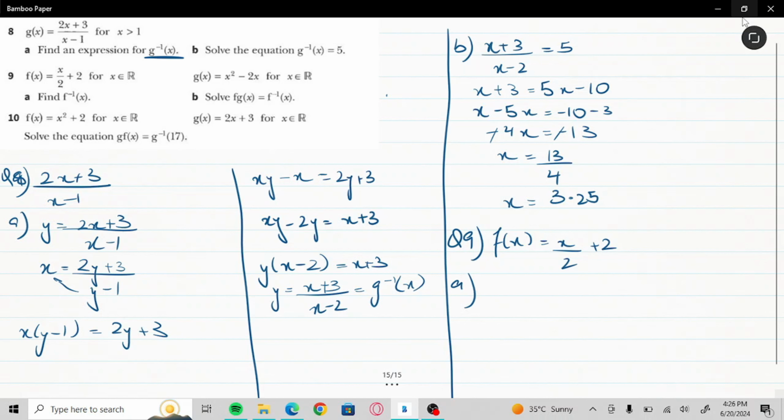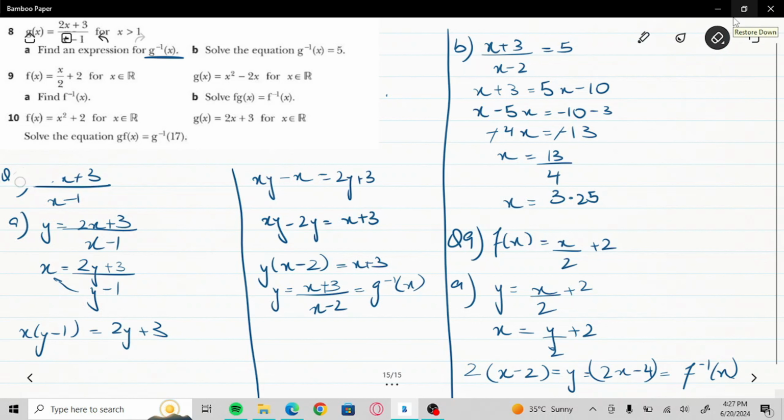So find the inverse of the function y is equal to x upon 2 plus 2. Interchange the x and y values: x is equal to y upon 2 plus 2. Make y the subject: (x - 2) multiplied by 2 is equal to y. We can also say this is equal to 2x - 4. And this whole expression is the inverse of function f. And that's it.